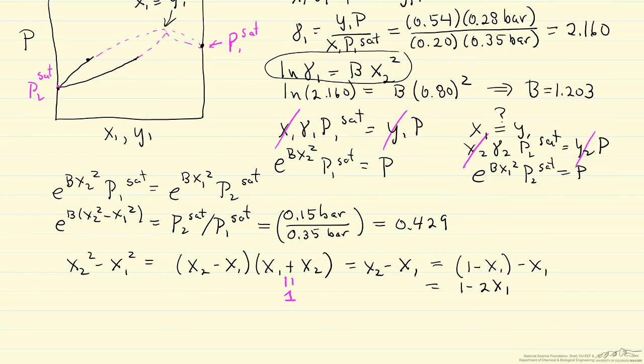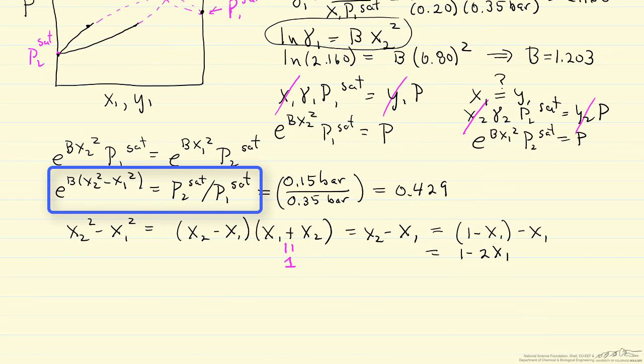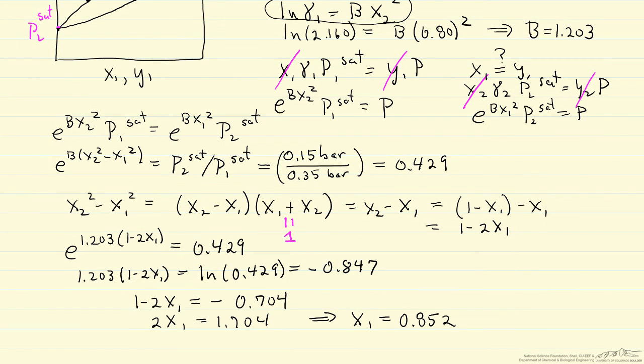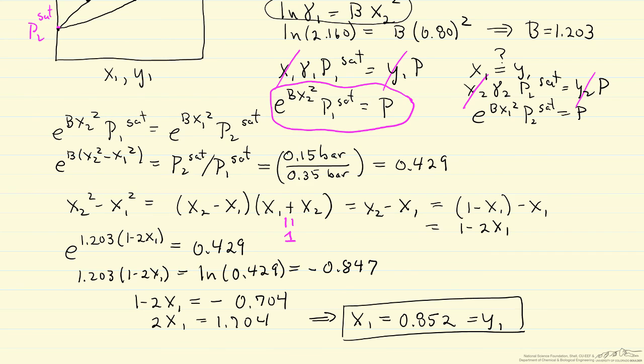Now I'll substitute back into the expression for b. I'm just going to simplify and solve this equation for x1. So we have a solution to the equation when we said x1 equals y1. This is the point where we have an azeotrope. And then we can go back to the equations, and let's look at, for example, this equation, or of course this one, if we want to write it in terms of x1 or x2, we can calculate the pressure.